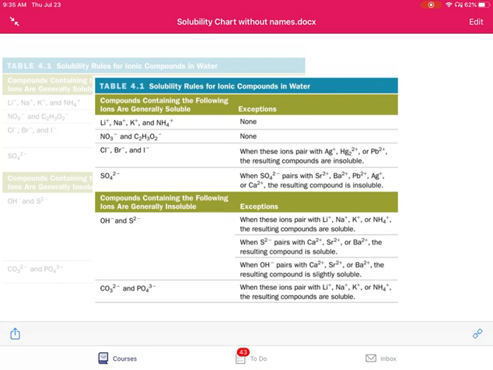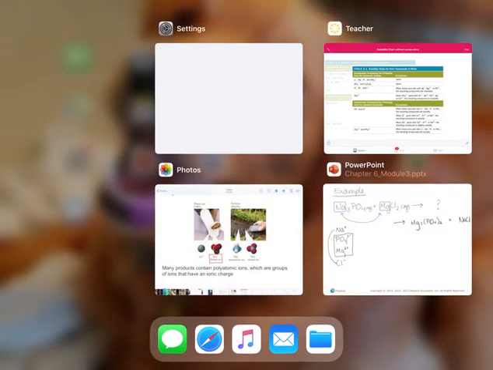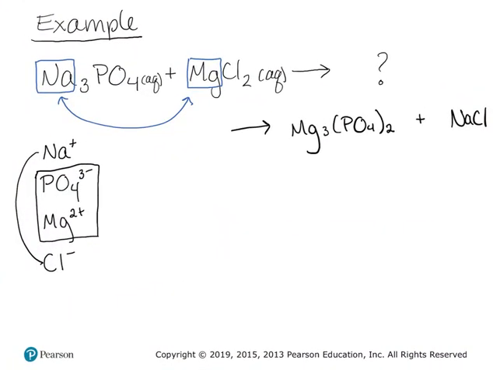And it says in the green up above that it's generally insoluble unless it's paired with lithium, sodium, potassium, or ammonium. Now in our case, phosphate is paired with magnesium. So that must mean it is insoluble because magnesium is not one of the exceptions. Okay, so this is a solid.